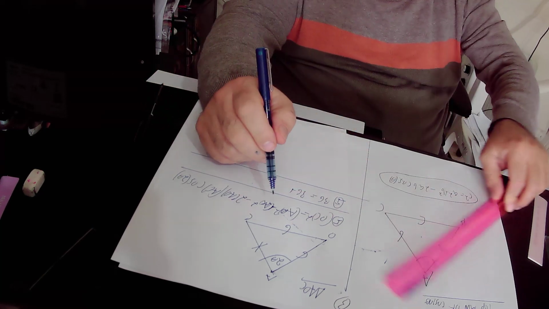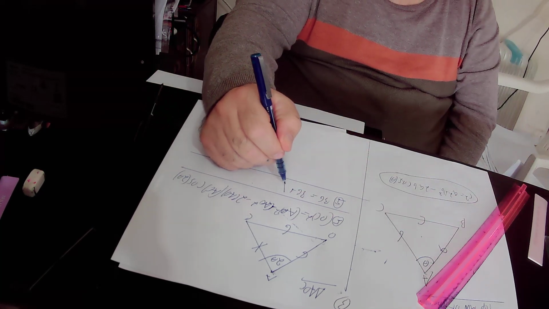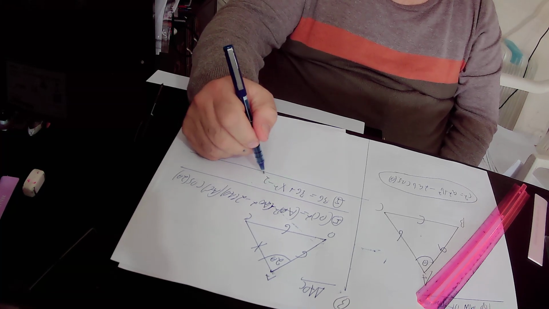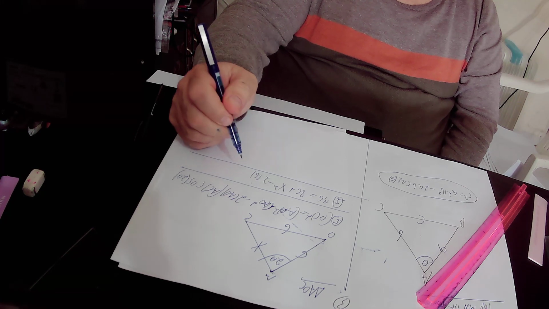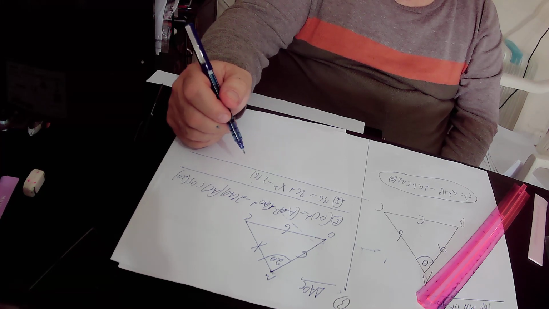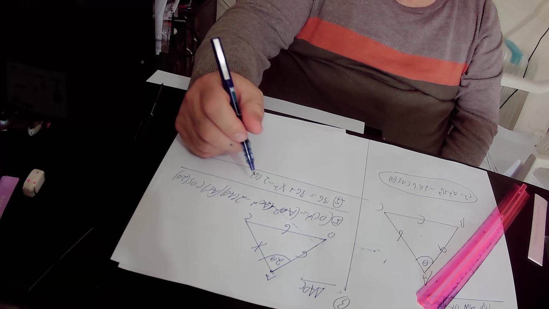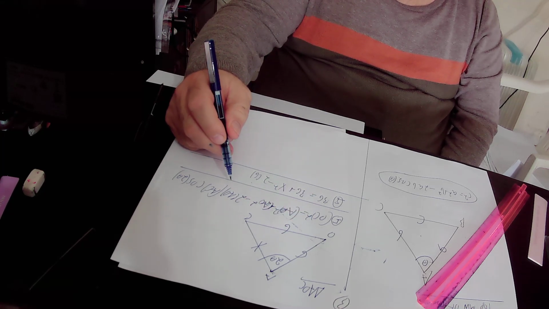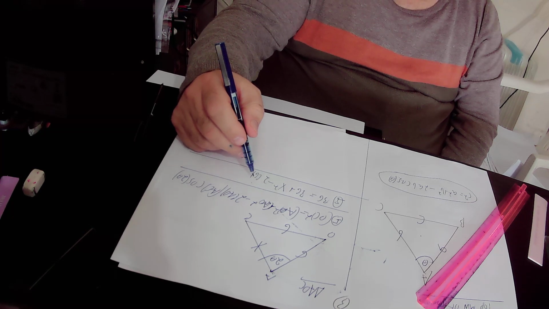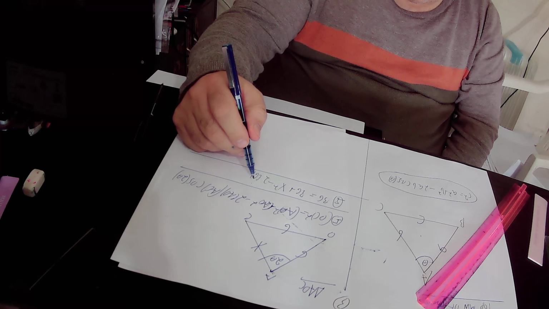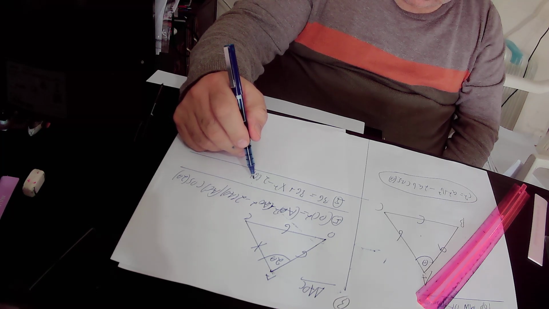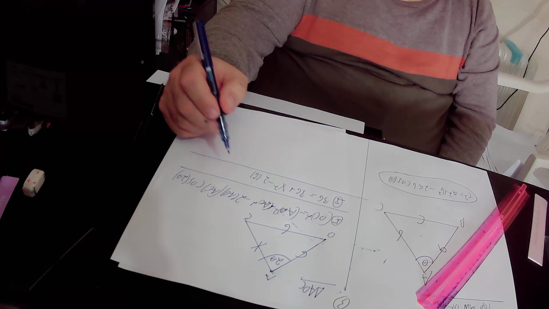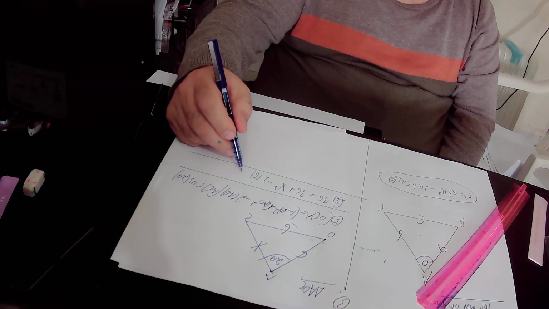AC equals x, so AC squared is x squared, minus 2 times 6 times x times cosine 2 theta.